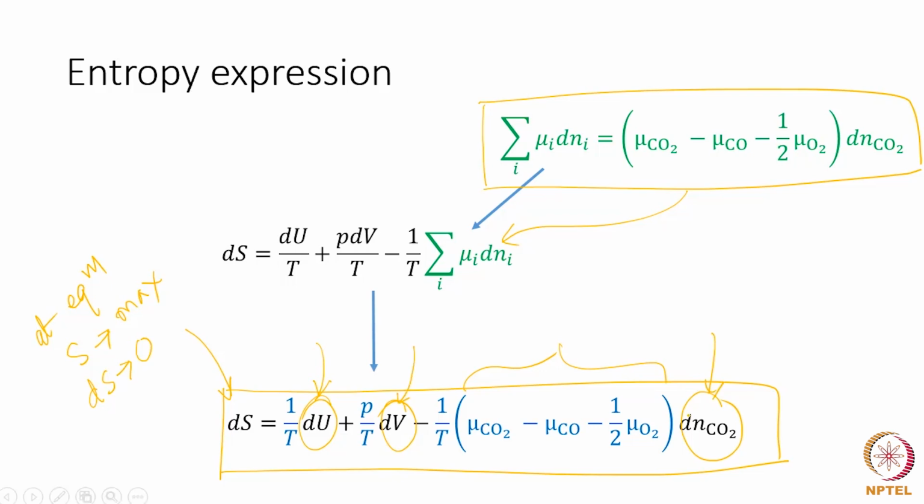Here we realize that it's an isolated system, so this quantity dU is going to be 0, and it's an isolated system with a rigid wall, so this quantity dV also is going to be 0. Which means the way we can have dS as 0 is by ensuring that this coefficient is 0, because dNCO2 is still arbitrary and quite possibly a finite number.